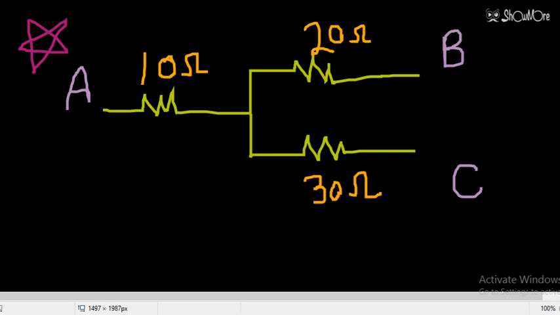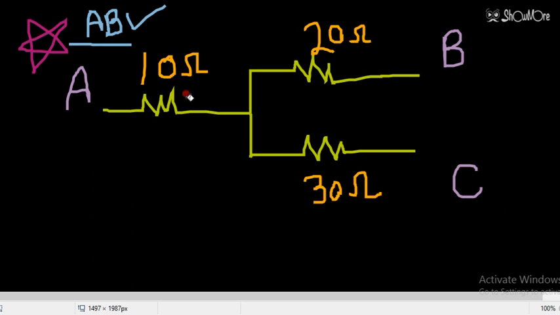So in this question you have to find the resistance between A and B, A and C, then B and C also. So firstly I am going to discuss the resistance between terminal A and terminal B. So see how to solve this question.